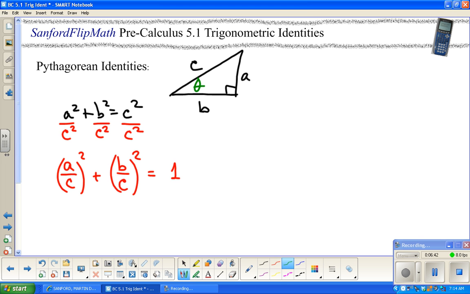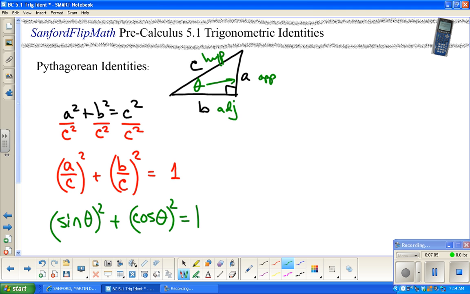So a over c, well, this is opposite, adjacent, and hypotenuse. With that being said, a over c is really sine, and b over c is really adjacent over hypotenuse, or cosine.